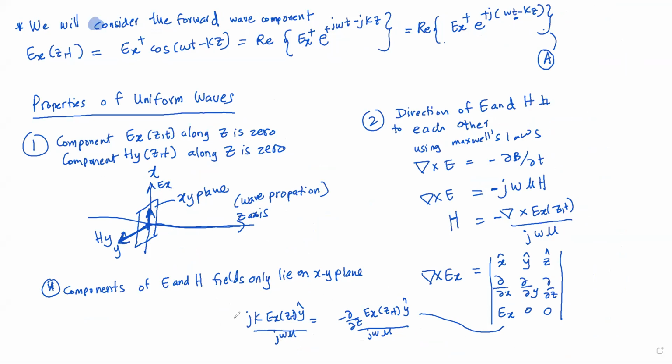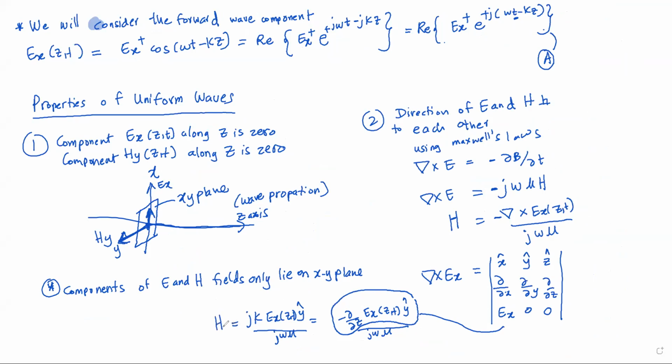So this numerator part I got as the answer for this curl function that I mentioned earlier. And then I substitute the denominator of j omega mu to obtain the value of h, right?